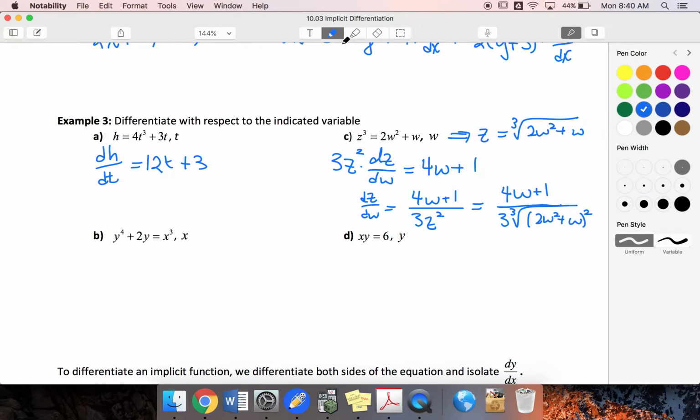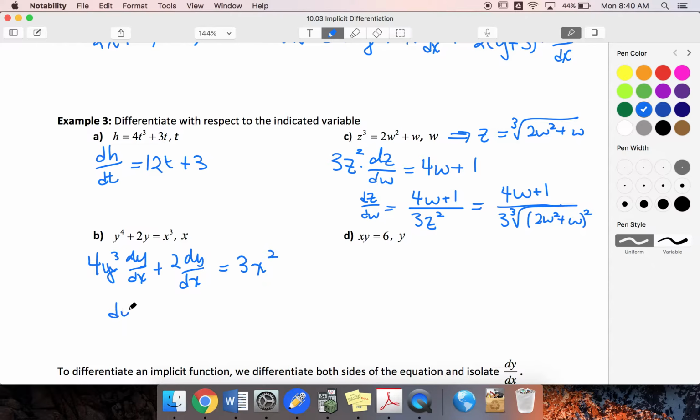That's not always going to be the case, though. However, for all of these, well, let's look at this one. If I wanted to isolate y here, I couldn't do it. So this one I need to differentiate implicitly. So this is going to be 4y cubed dy/dx plus 2 dy/dx equals 3x squared.